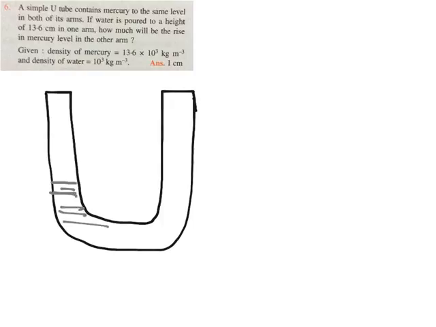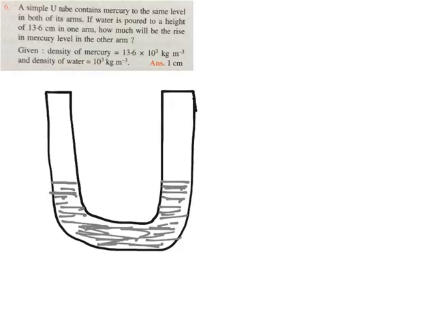Initially there was just mercury out here. This was the level. We don't know what the level is, but it's the same level, like liquids take the same level when connected.